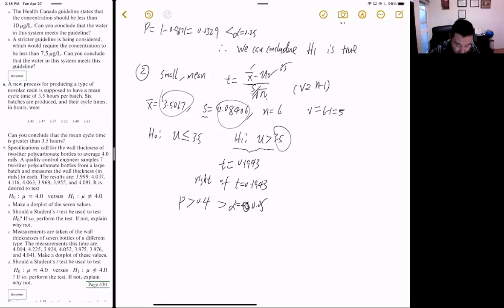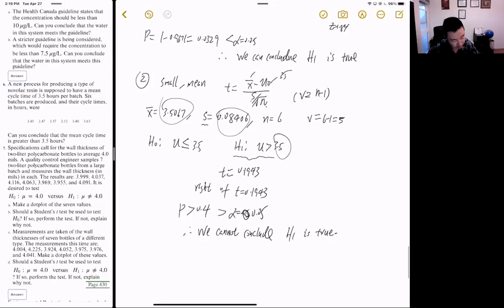So we cannot conclude the mean cycle is greater than 3.5 hours. So we cannot conclude H1 is true. So that's the second question.